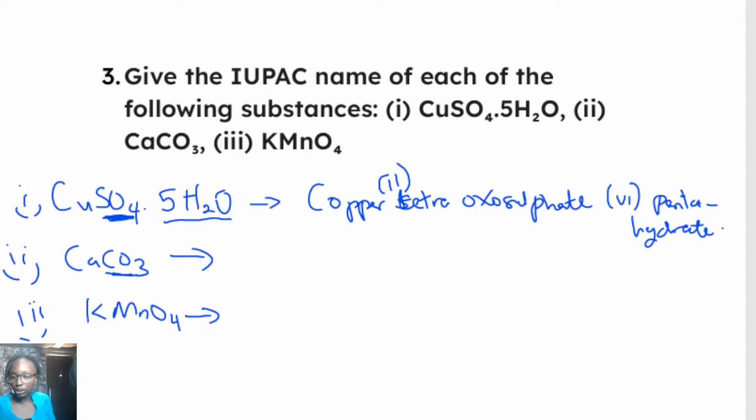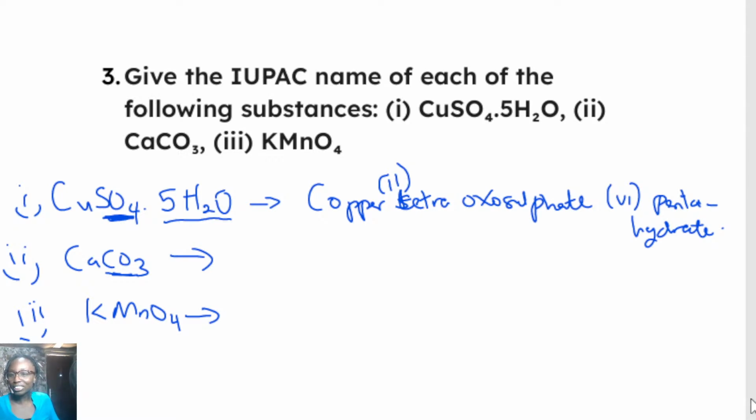I'm just going to look at the chat to see who's going to give me answers for questions 2 and 3, the IUPAC names of those compounds. Calcium triazocarbonate 4, oh sorry, I accidentally called out the answer.